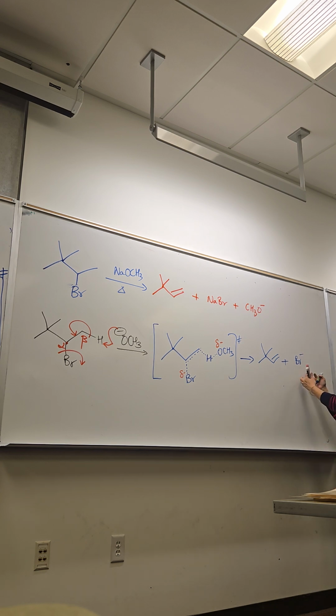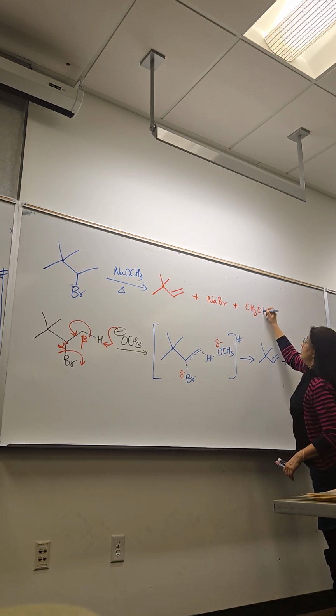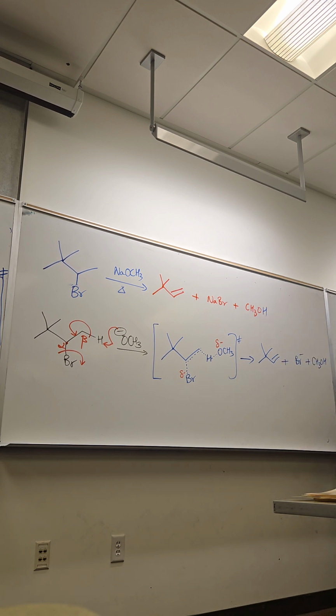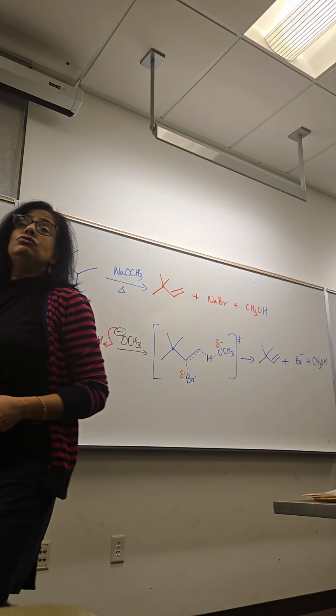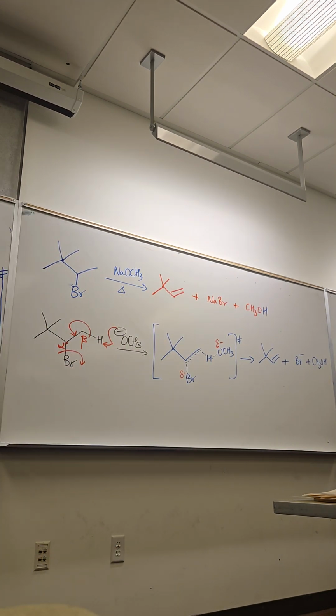So what does OCH3 become? CH3OH. It won't stay as that minus because it's taking a proton, which should become neutral. That's E2. Everybody okay? Questions? Okay, then this is what I want you to do next, if you understand what's going on there.